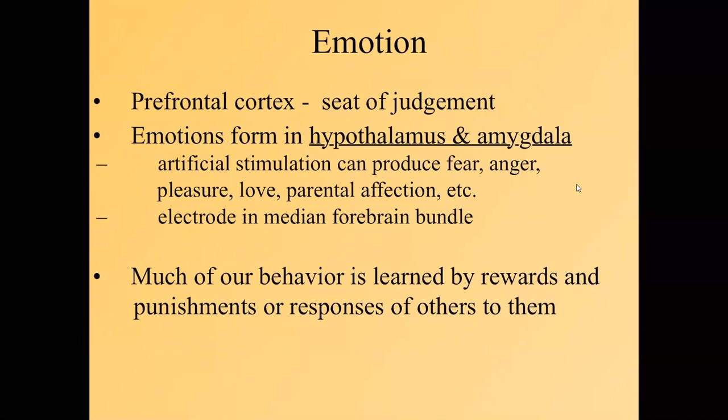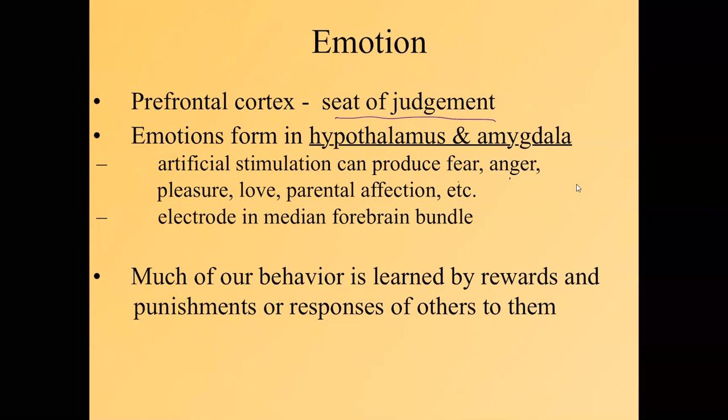Okay, now emotion. The prefrontal cortex, the very front of our brain, is the seat of judgment. Emotions form in the hypothalamus and the amygdala. They've done all sorts of crazy things with animals, right? Artificial stimulation in the hypothalamus and the amygdala can, depending on where they put it, produce fear, anger, pleasure.